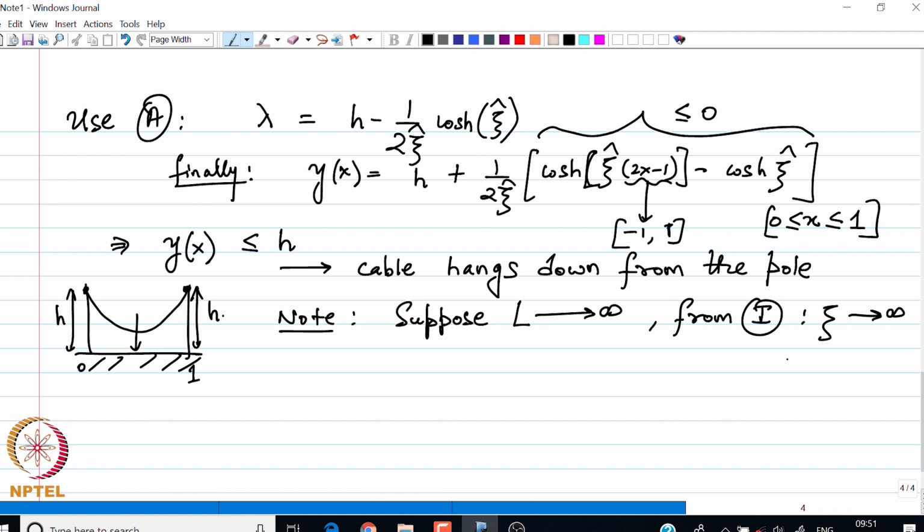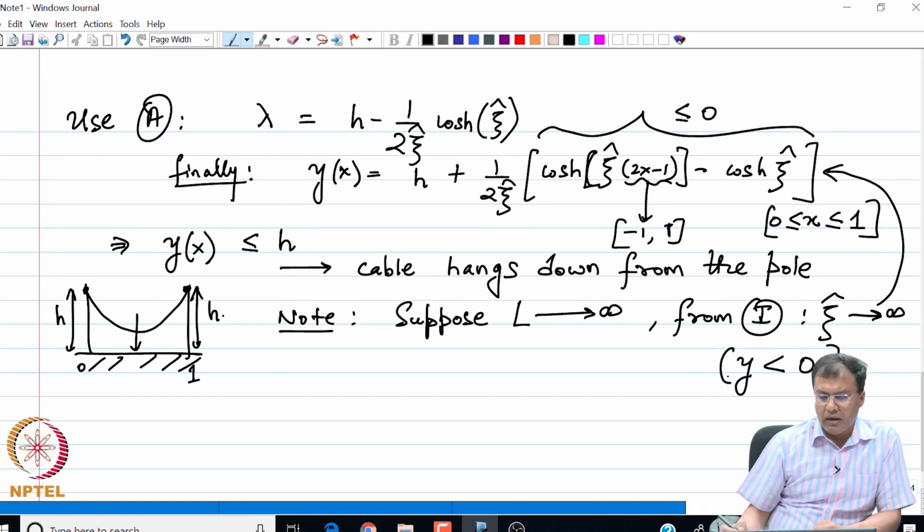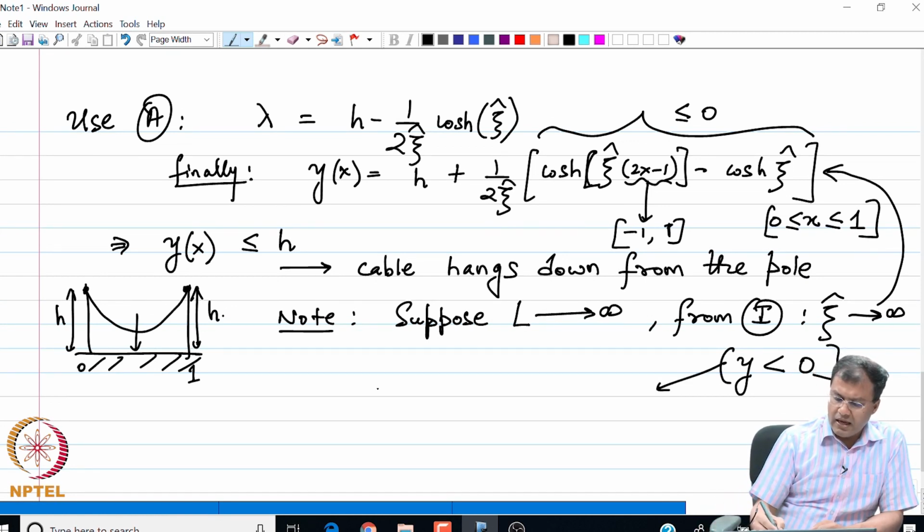If xi goes to infinity, then plugging it into this solution, I see that y is less than 0. So the solution xi hat goes to infinity, and that gives y less than 0, which means that this is an abnormal result, or what it is saying is that the model that we have breaks down.